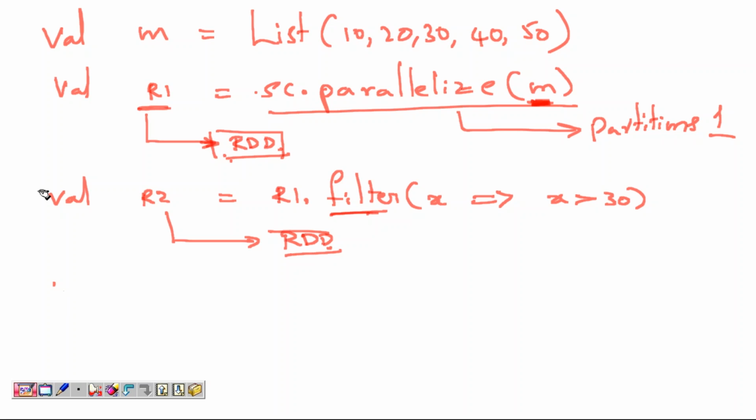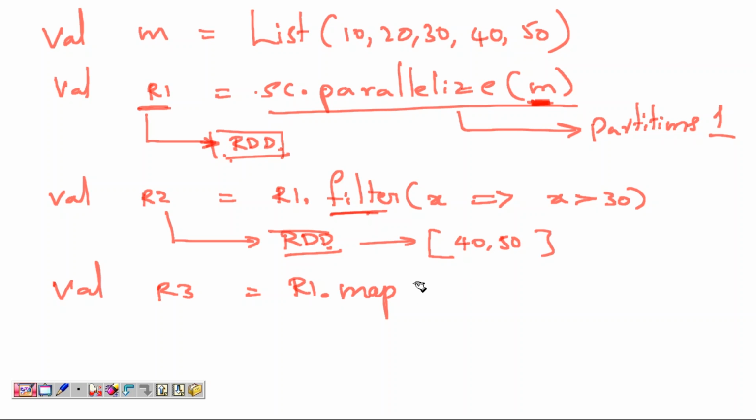And this is filter. I am going to apply the transformation. Just observe. Val R3 is equal to, still from R1, dot map. The filtered results will be 40, 50. I'm going to apply the transformation x plus 100.